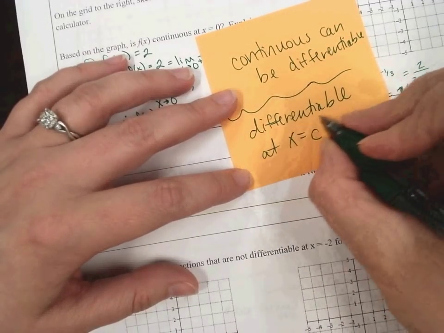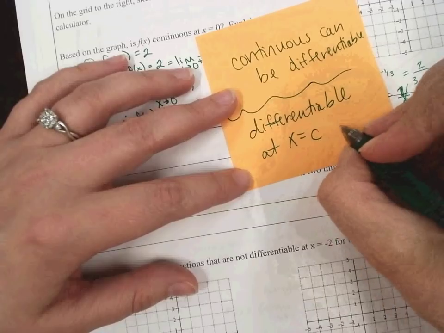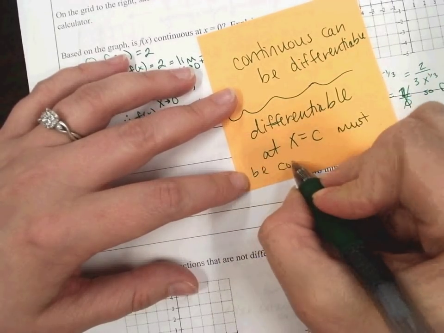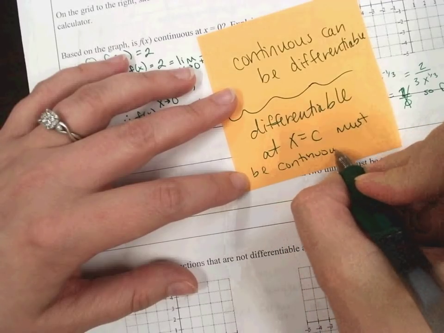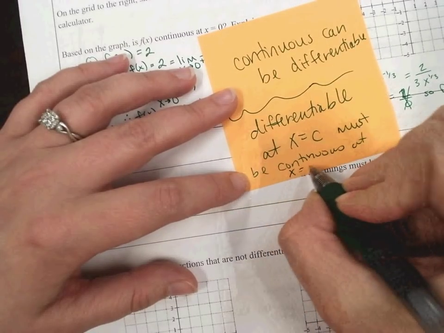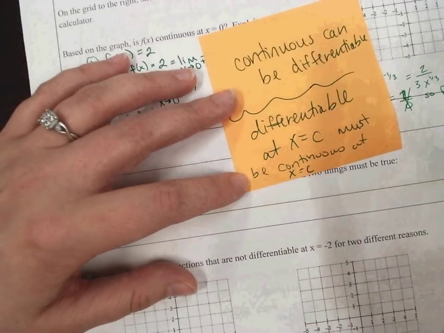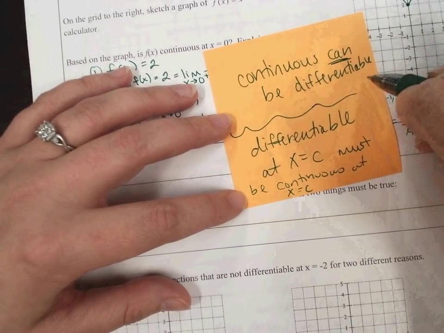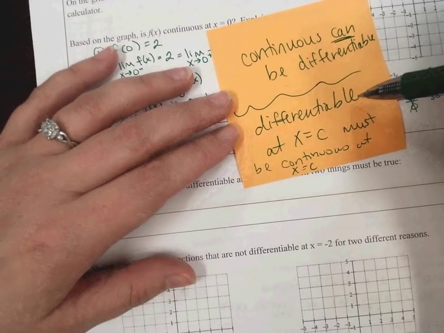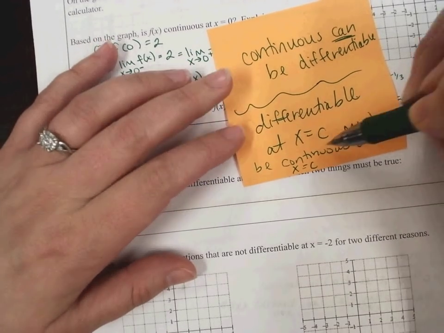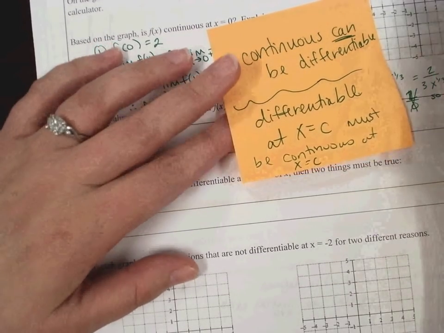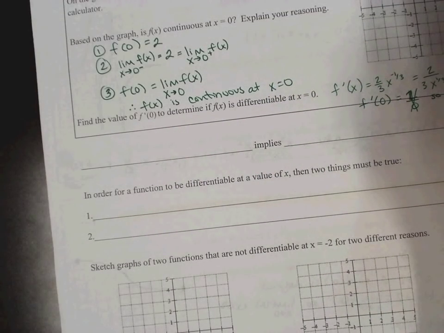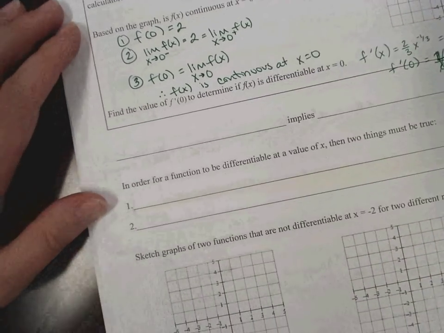So if a function is differentiable at x is equal to c, it must be continuous at x is equal to c. All right? If something is continuous, it can be differentiable, but if I tell you something is differentiable, it must be continuous. This is like a square is a rectangle, but a rectangle isn't a square kind of argument.